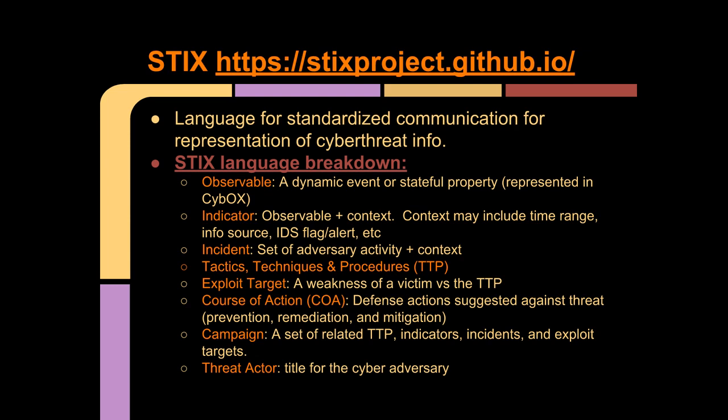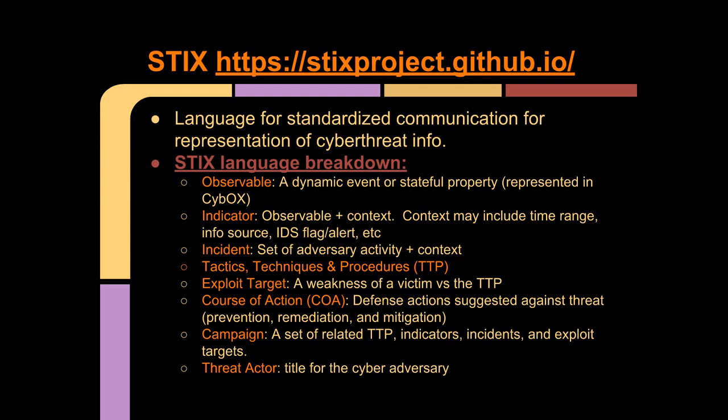And the next object is the exploit target, which is formally defined as a weakness of a victim versus the tools, tactics, and procedures, but I would rather define it as the target of the observed exploitation at a level of fidelity that communicates both the software service targeted as well as the operating system platform, and at the best case is identifying the versions for all of these as well.